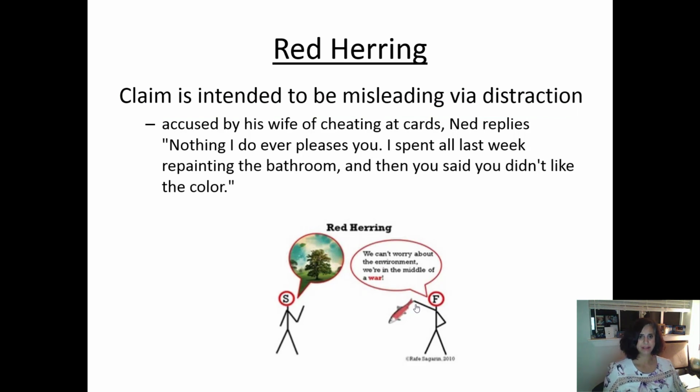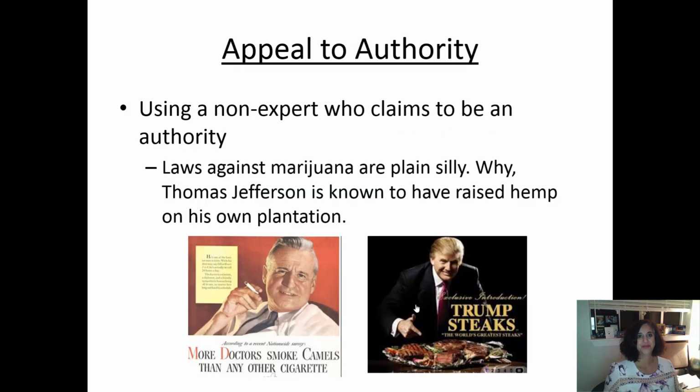So Ned replies, "Nothing I do ever pleases you. I spent all last week repainting the bathroom, and then you said you didn't like the color." Well, that's misleading. The wife is talking about cheating at cards, and he is talking about the bathroom and chores done at home. That's a distraction instead of addressing the real issue.